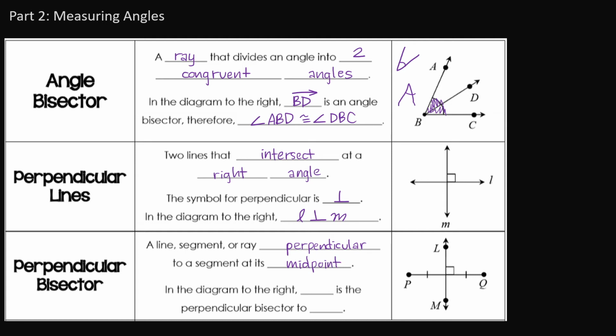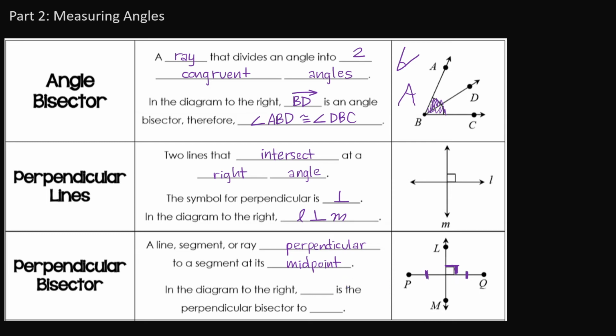Perpendicular bisector does two things. First thing it does is it forms a right angle. Two lines cross, or two segments or rays cross at a right angle. And it bisects, or cuts in half, a segment. So segment PQ has now been divided into two congruent parts.